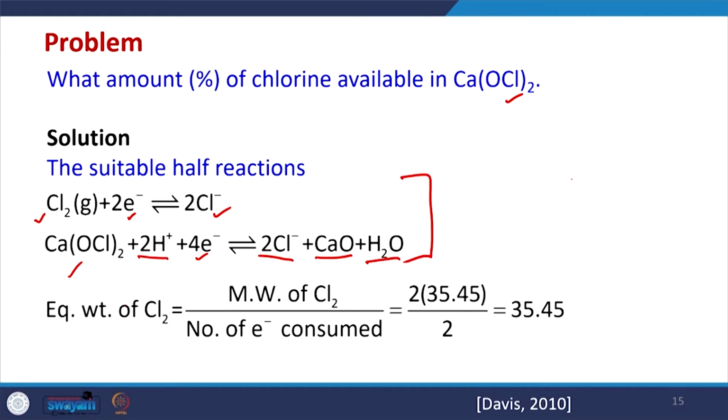Now, what is the equivalent weight of Cl2? The molecular weight of Cl2 is known, so it is 35.45 into 2, and the number of electrons that it is consuming in this reaction is 2. So, its equivalent weight is 35.45.